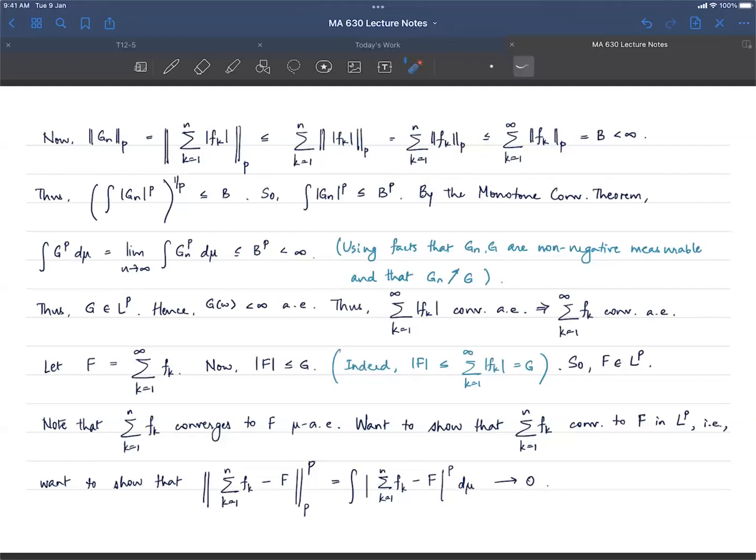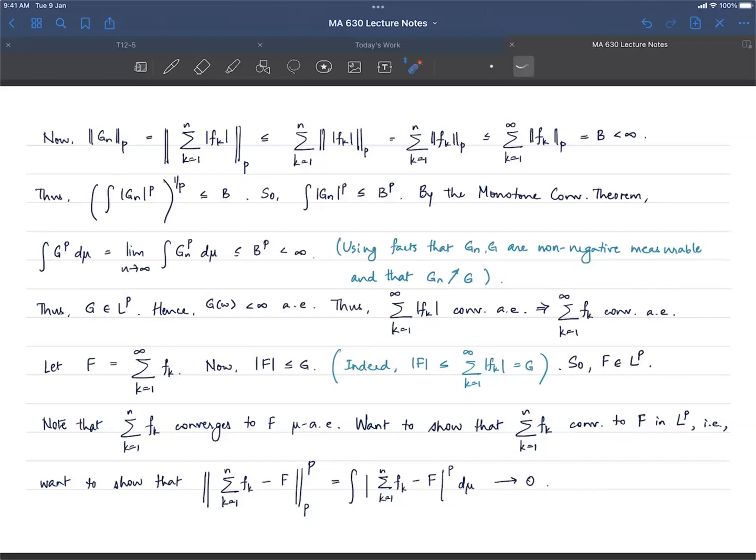So what have we shown? If I take mod Gn to the pth power, integrate it, and then take the pth root, that is less than or equal to b. So the integral of mod Gn to the pth power is less than or equal to b to the p; here I'm just taking the pth power on both sides.